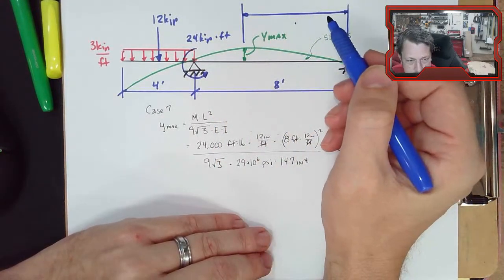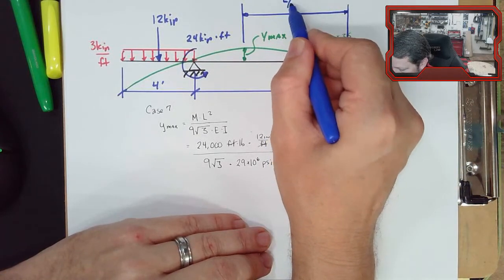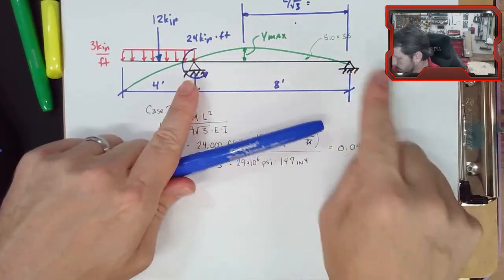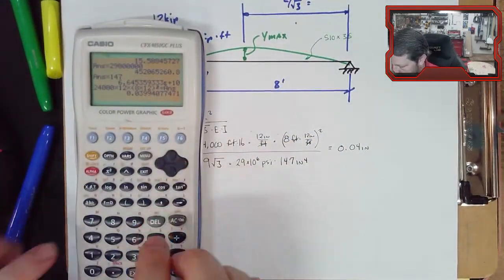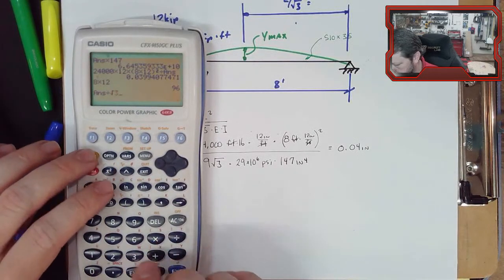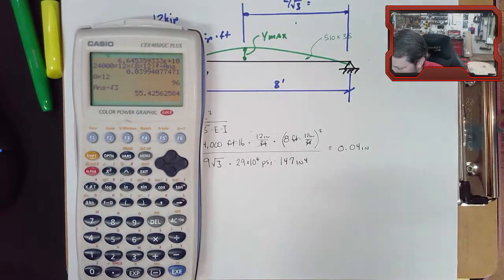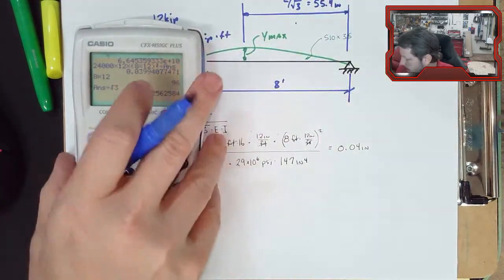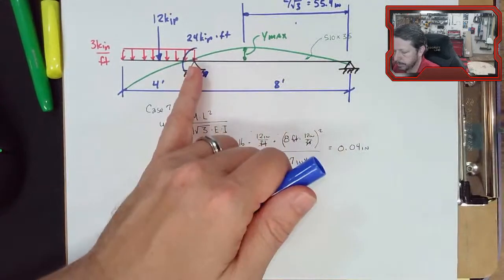That distance is L over square root of 3, which for us is 8 times 12, 96 inches, divided by square root of 3, 55.4 inches. But it's measured from over here, not from this end.